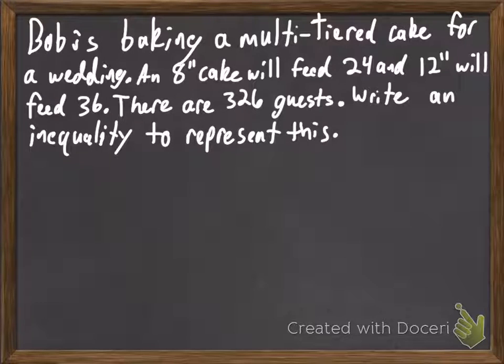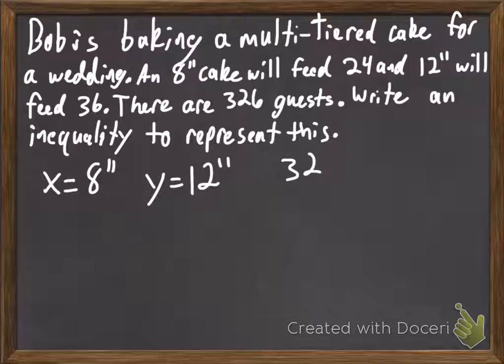So, first things first, we should always label what we're talking about. X is going to be our 8-inch tier cake. Y is going to be our 12-inch tier cake. So we have an 8-inch tier cake and a 12-inch tier cake. And then we have those 326 guests. That's very important.